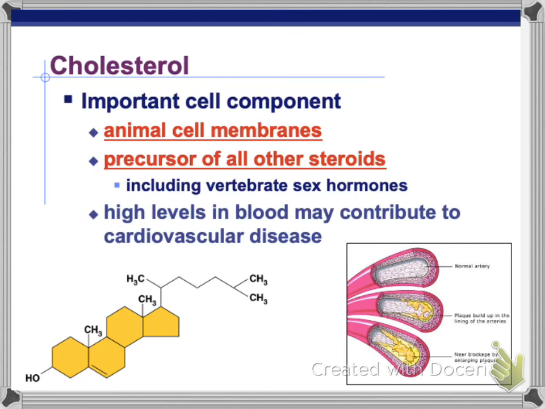In addition to cell membranes, our body needs cholesterol to turn it into other steroids that are used for communication, like sex hormones. However, like saturated and trans fats, it can also form plaques, like I was talking about earlier, these buildups of lipids in our blood vessels, which can lead to heart disease.